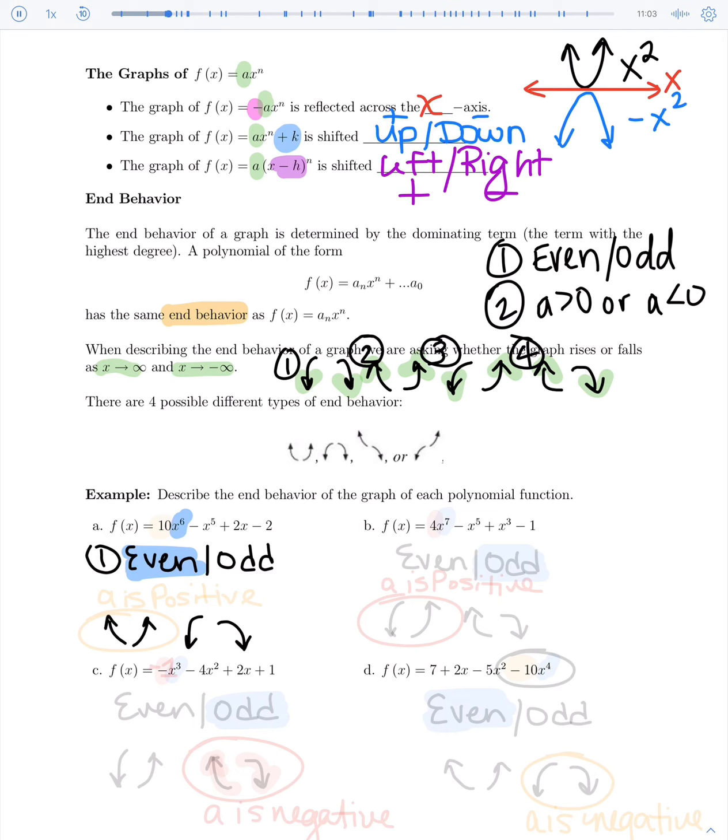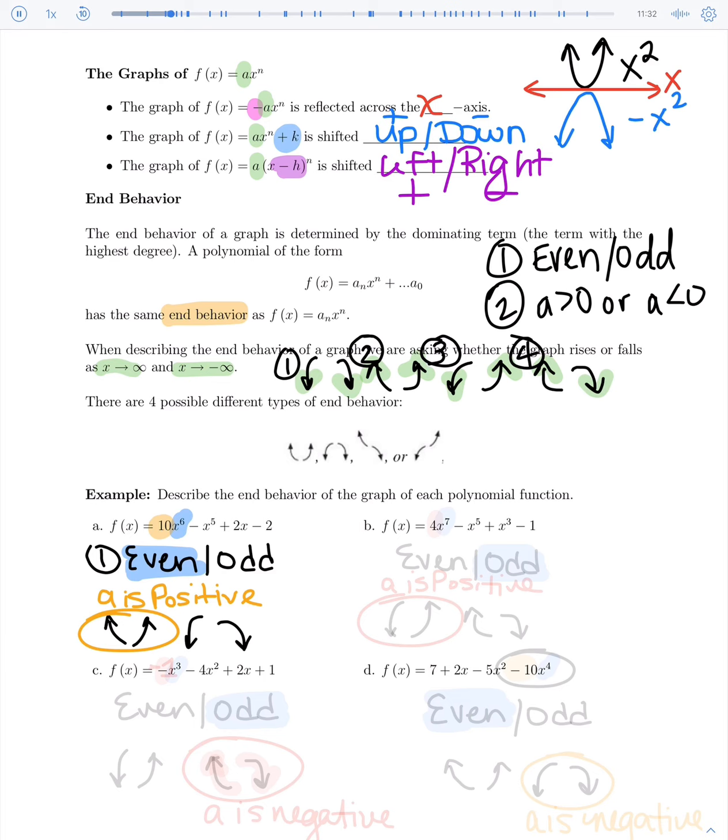However, what's going to tell us whether we're both pointing up or both pointing down is the fact that the a out in front, the 10, is positive. Because the a is positive, we're going to be pointing up on both ends, which means I'm going to choose the first one, that both ends of our graph as we go towards negative infinity and positive infinity should be pointing up.